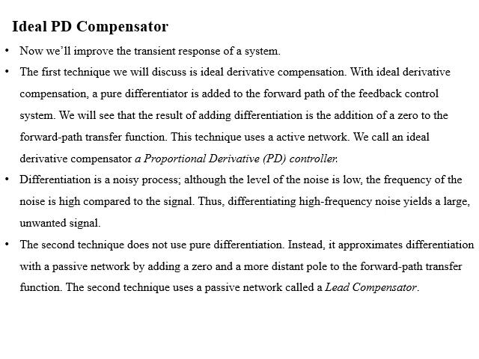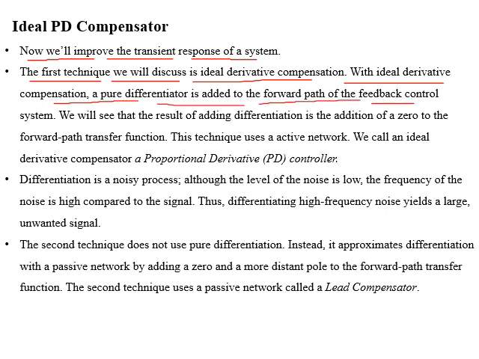Dear students, now after improving the steady state error of a system, we will improve the transient response of a system. The first technique we will discuss is ideal derivative compensation. With ideal derivative compensation, a pure differentiator is added to the forward path of control system.